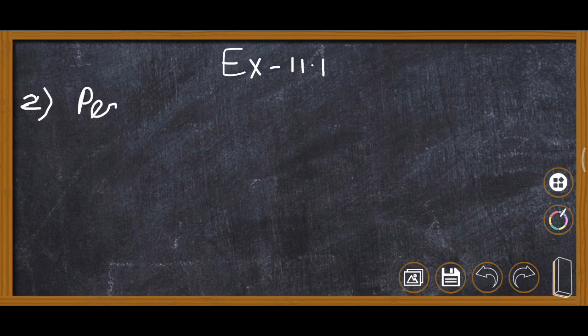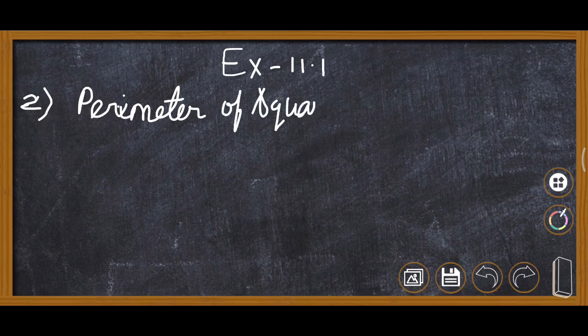320. So first of all we will write perimeter of a square is equal to, it is given it is 320 meter. Now after perimeter is given, now we are required to find area.